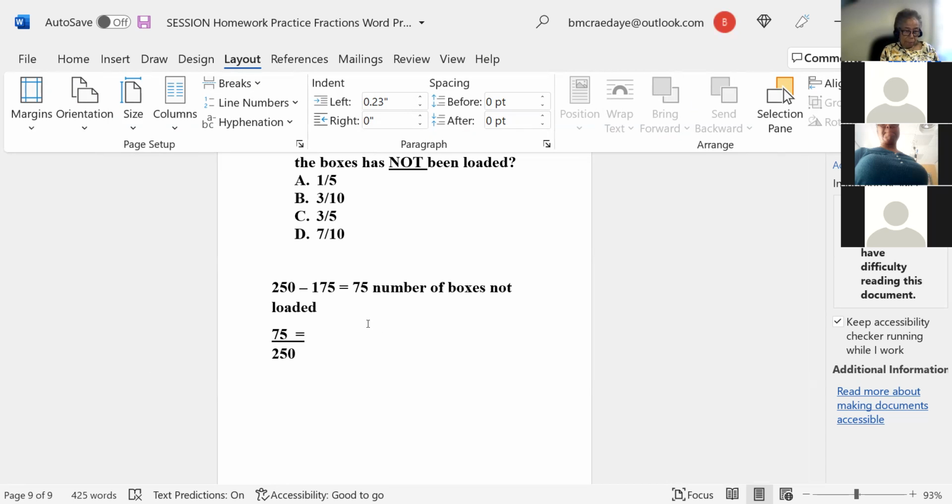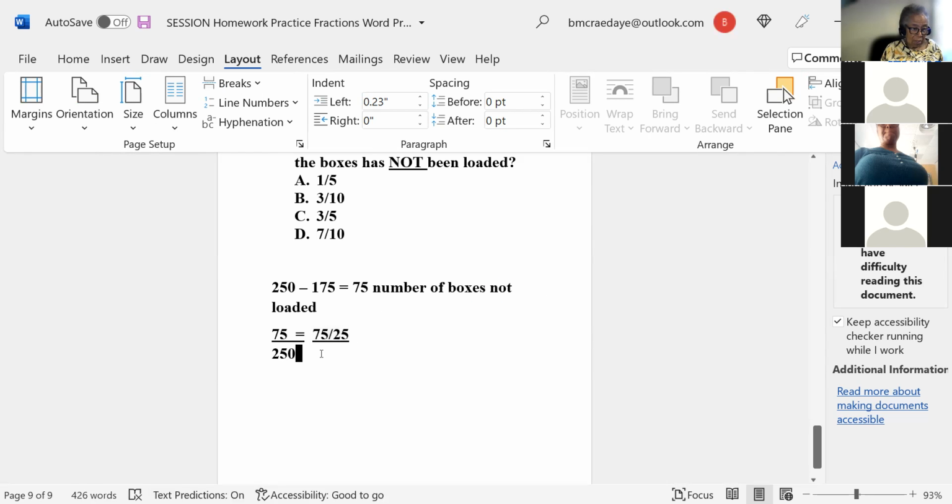Oh boy, it's a big one. 25, miss? 25, that's right. That's going to go into both of them. So 75 divided by 25 over 250 divided by 25.